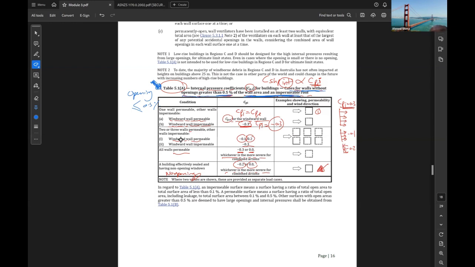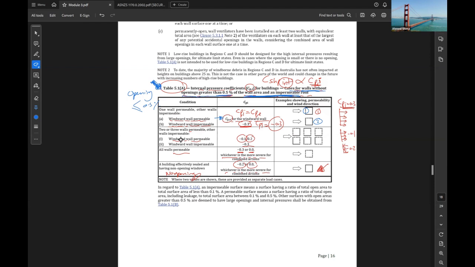We have some cases where one wall is permeable and the other walls are impermeable. We might have the windward wall permeable. As you can see, this wall has some vents, so it is permeable.